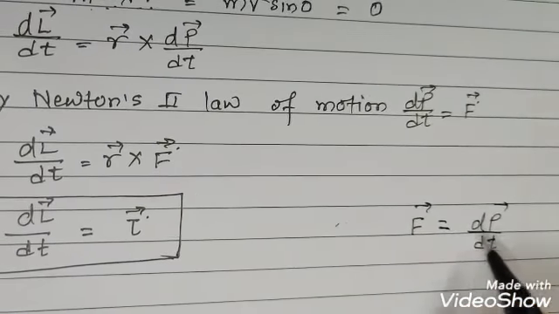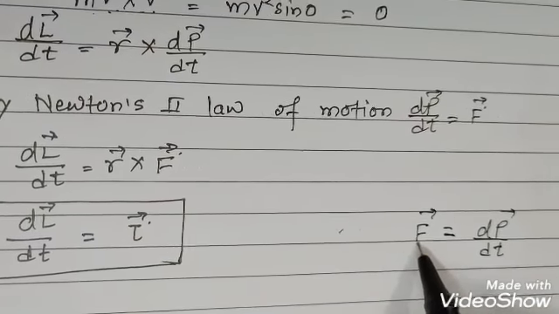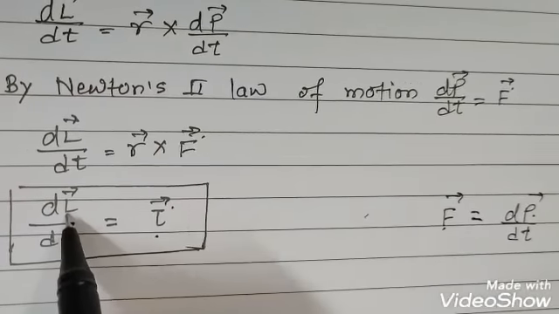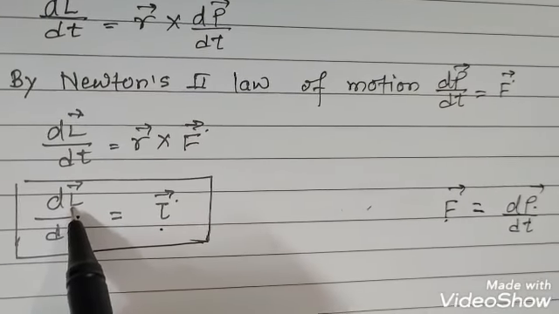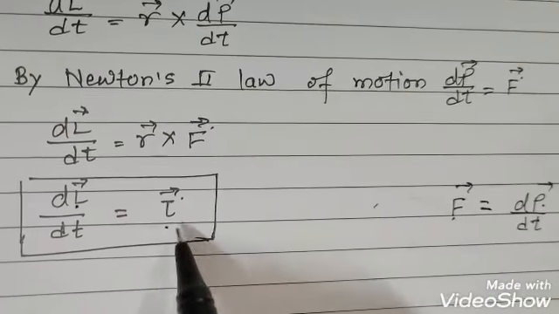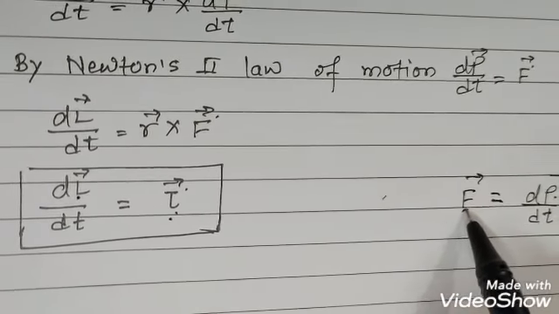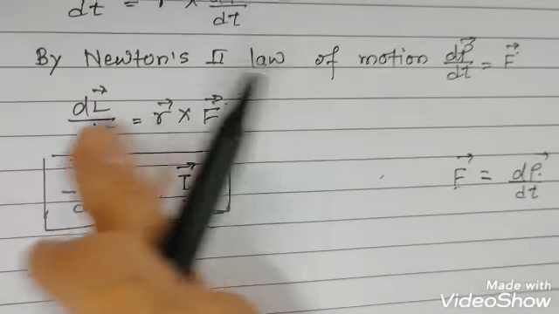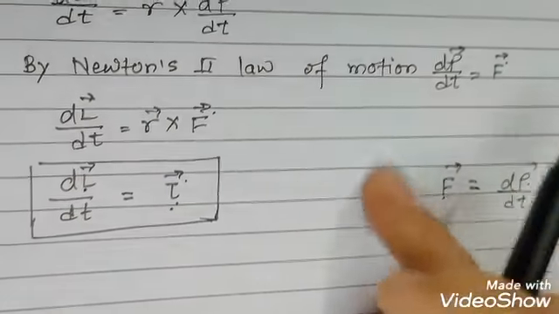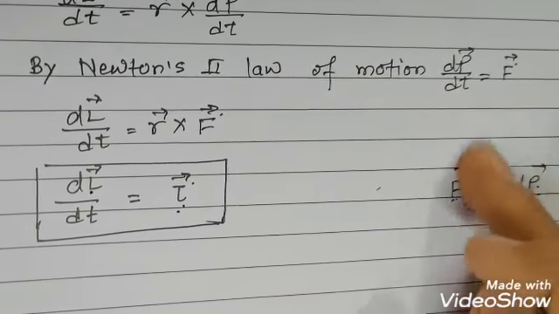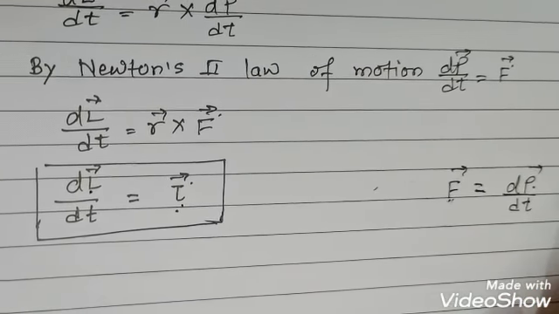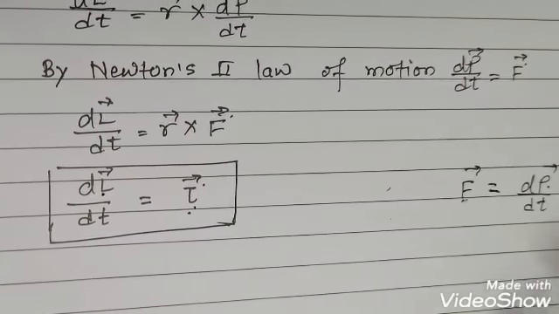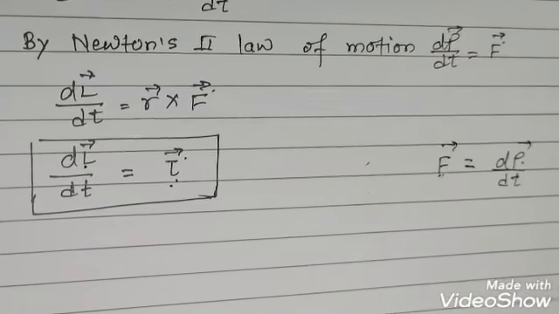If you carefully observe this equation, in place of F you will find tau, in place of p you will find L, and we have already seen that tau is the rotational analog of force and L is the rotational analog of p. This relation expresses Newton's second law for the translational motion of a single particle.